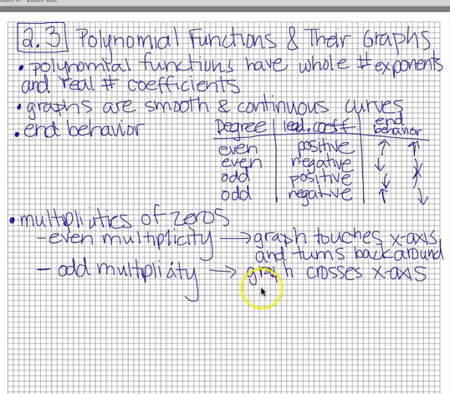So you solve, you say, oh, it has multiplicity 6. So then that's even, so then you would say the graph touches the x-axis and turns back around. So very important that you know that even multiplicities touch and turn, and that odd cross the axis.